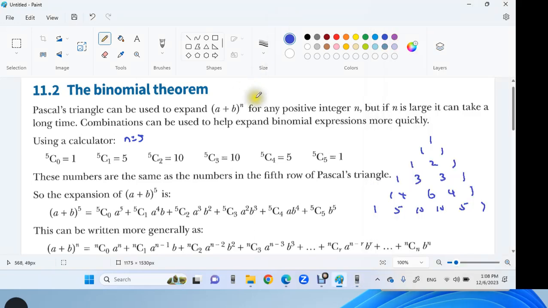You can see that the nCr here is symmetric: 1, 5, 10, 10, 5, 1. It is symmetric.